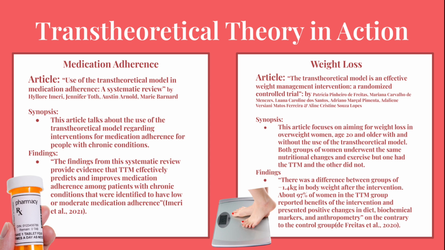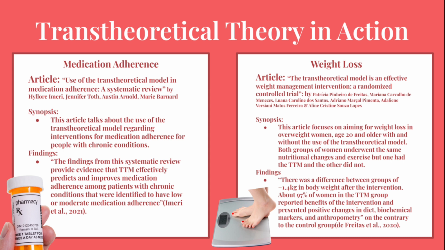That's one example. And then the next article I found was The Trans-Theoretical Model Is an Effective Weight Management Intervention: A Randomized Controlled Trial. I talked about this a few slides ago, and basically it's the same. They used the trans-theoretical model to see what stage they were at in their weight loss. So this could be denial, it can be pre-contemplation, and what have you. And they actually found that using this model helped with a better outcome as opposed to the group that did not have it.